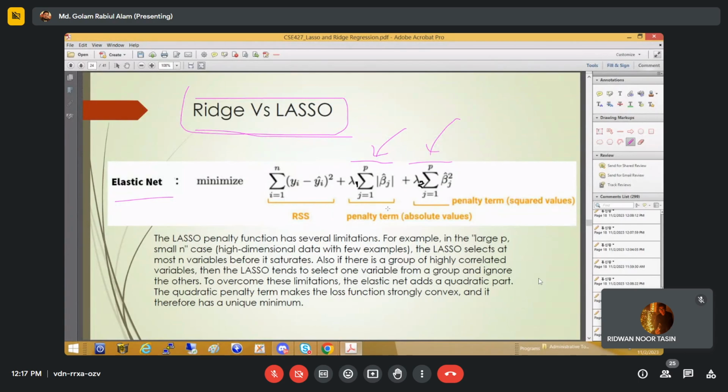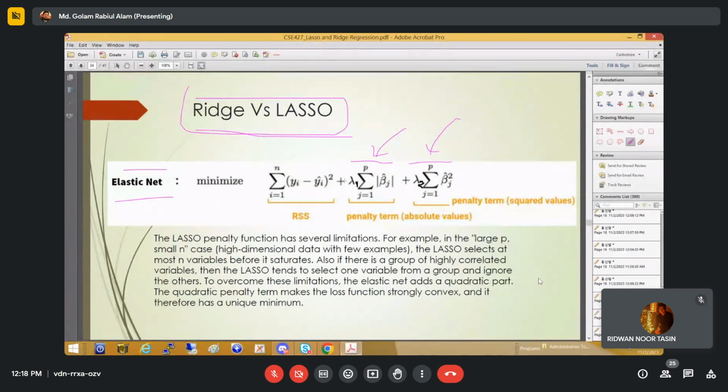This is called the elastic net. Those are just proposals. At first Ridge regression was proposed, then other researchers proposed lasso regression, and then some other researchers combined the effort of Ridge and lasso and proposed the elastic net. This is how we usually do research.